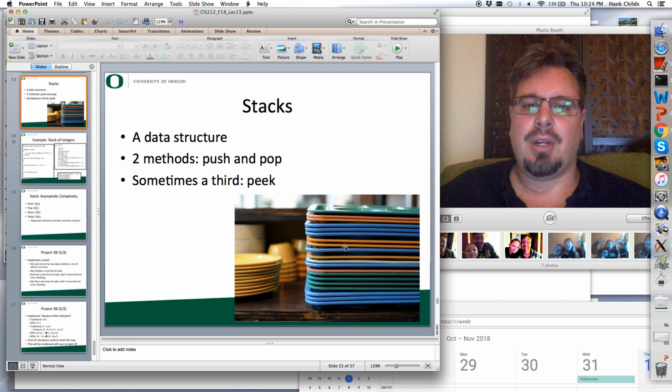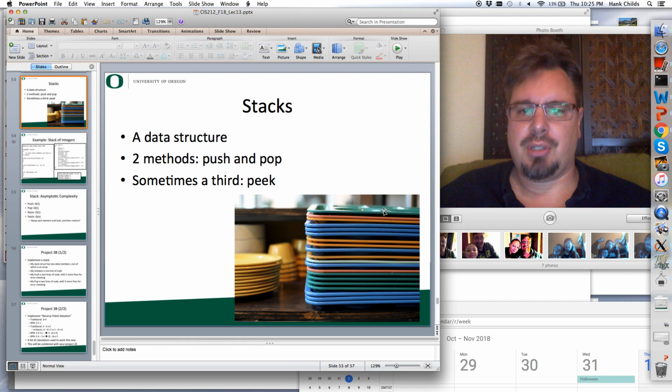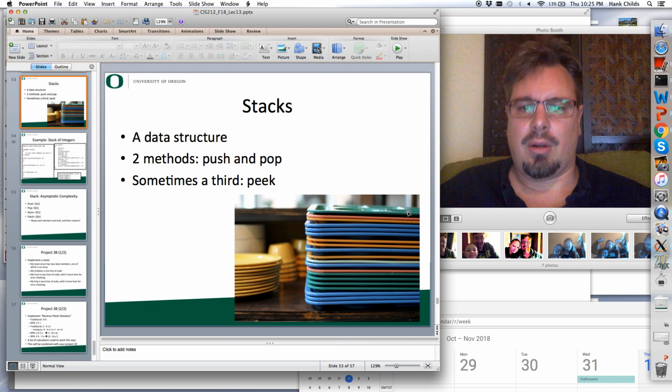And so there's a picture here of a stack of trays. The idea is you don't take out trays from the middle, you don't put trays on the bottom. Your only option is to put a tray on the top or take the tray off the top. To push is to put a tray on the top, and to pop is to take one off.